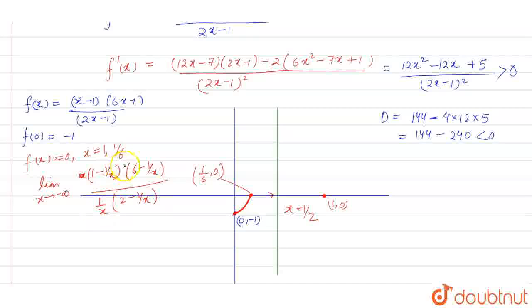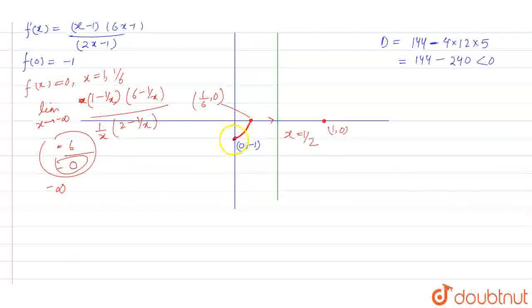Now the numerator is getting 6, and the denominator: as x approaches minus infinity, 1 by x is negative, getting close to 0 with a negative sign. So this whole portion is moving to minus infinity. So the graph is moving somewhat like this.